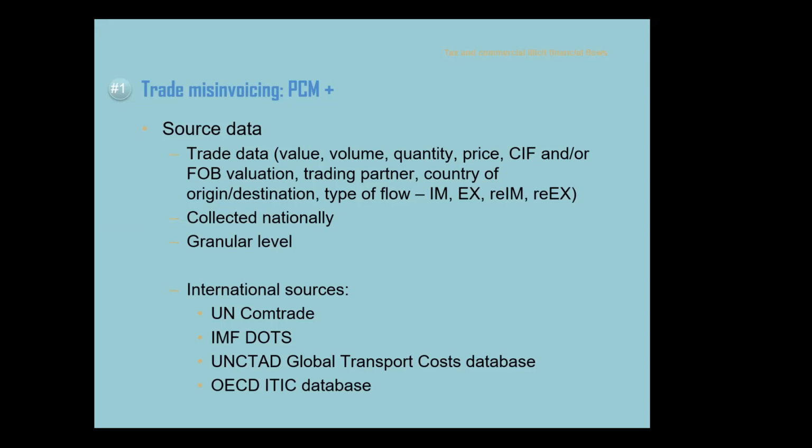Those could be useful in addressing the CIF-FOB valuation. Similarly, the OECD's ITIC, the International Transport and Insurance Cost database, I believe. Those two databases would be very valuable in addressing the CIF and FOB valuations.